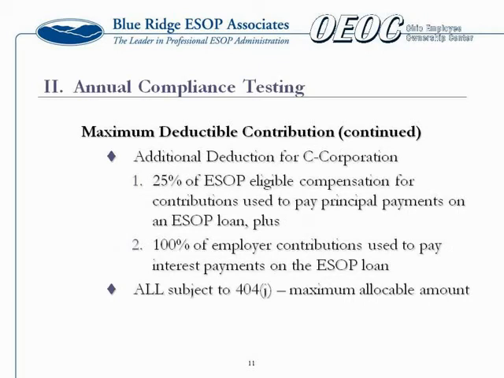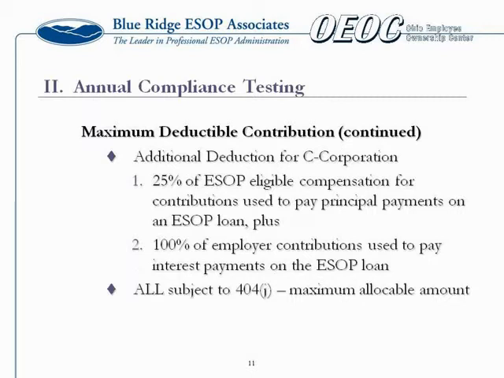Carrying on with this particular compliance test, there is additional room in the test for C corporations, not only the interest, which makes sense, but also the principal payments.